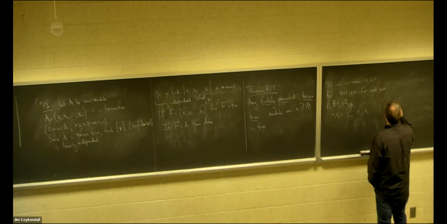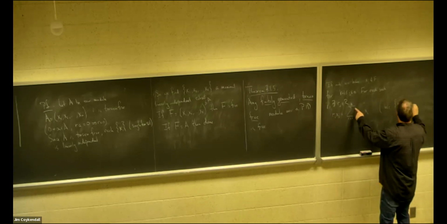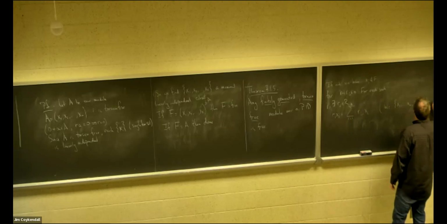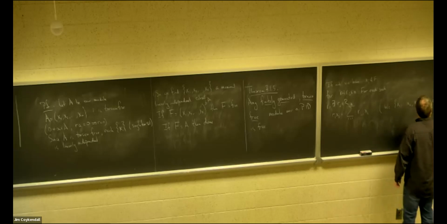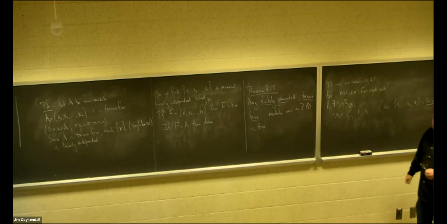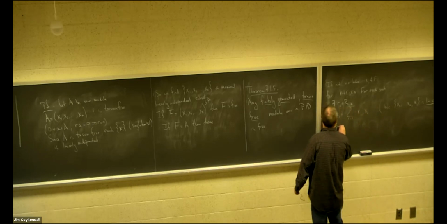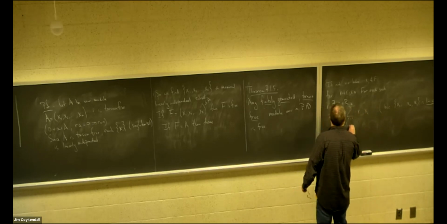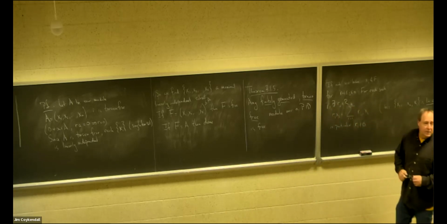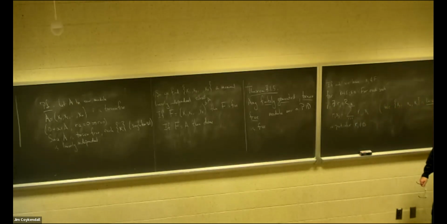This is because the set x_1 through x_k and then x_j is linearly dependent. And so in particular, r_j is not zero, because if this were zero, this would force the rest of these to be zero. Right, okay.